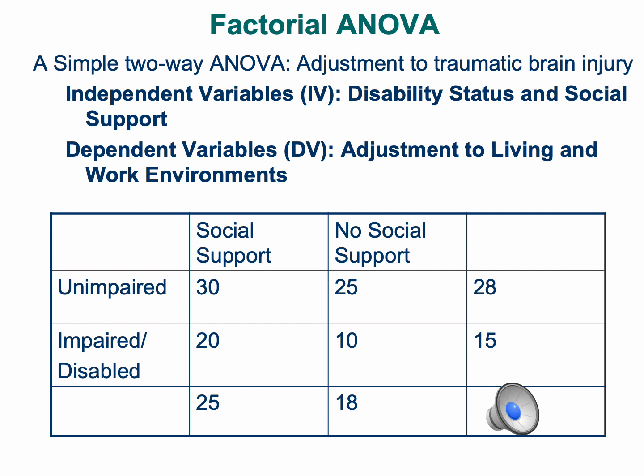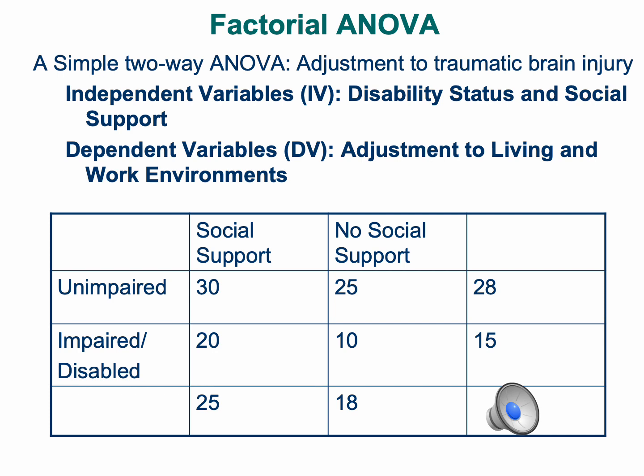Now, if you're impaired, and these are the folks that we're really concerned about, if you're impaired and you have social support, 20, which is still lower than those who are unimpaired, but notice that it's still much higher. It's twice the level of impaired people who have no social support. So social support really works when you're impaired. It becomes a major factor in determining your adjustment after your head injury.